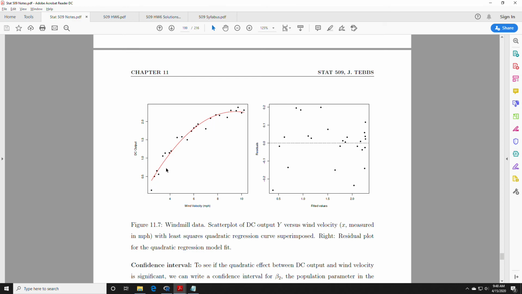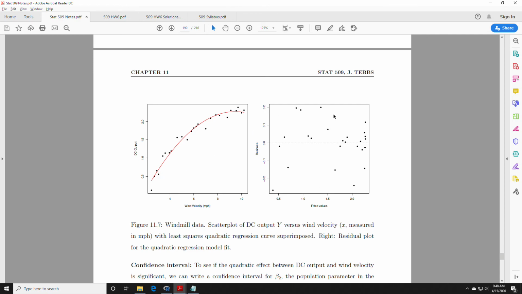So if you fit the model y equals beta naught plus beta 1 x plus beta 2 x squared, you can still graph that, and what that allows the line to do is curve to account for this curvature. So you can see this is much better than simply a straight line.